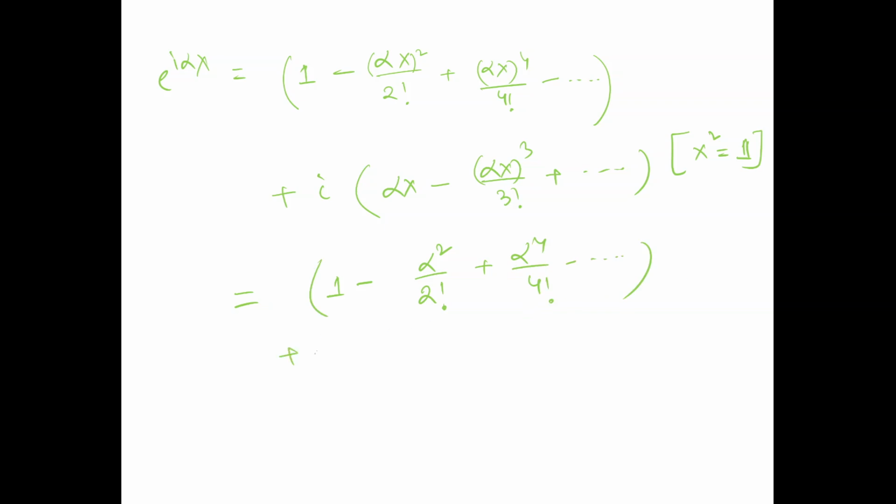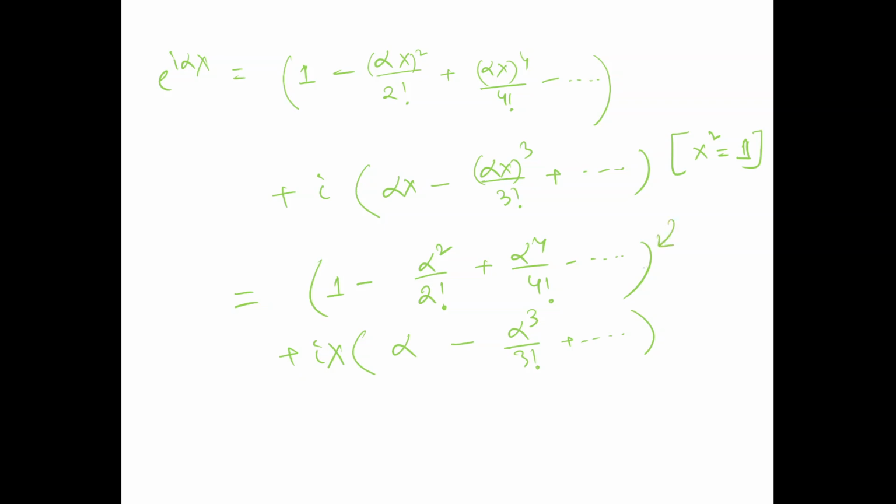Then you have plus i, then alpha x minus alpha cube x, so you can take x common from there. So now you have alpha minus alpha cube over 3 factorial plus dot dot dot.